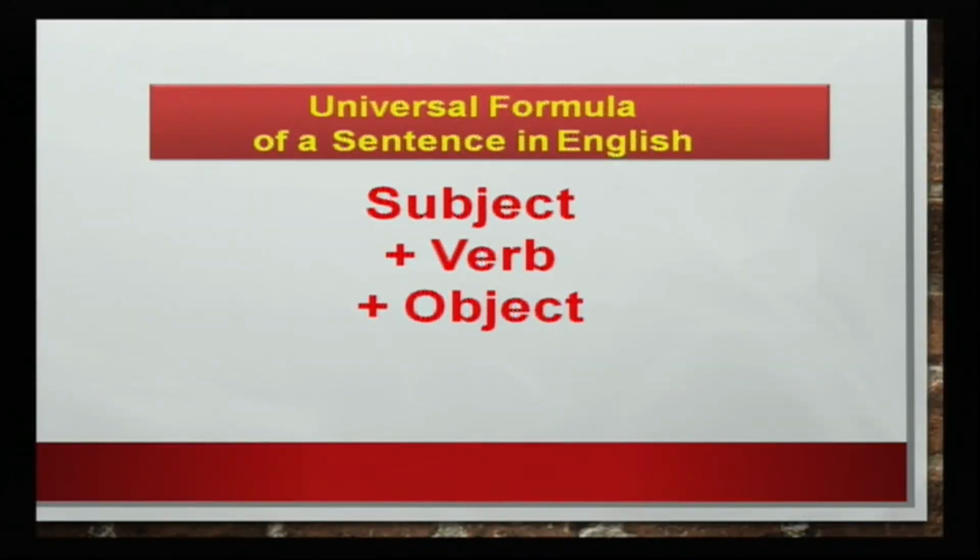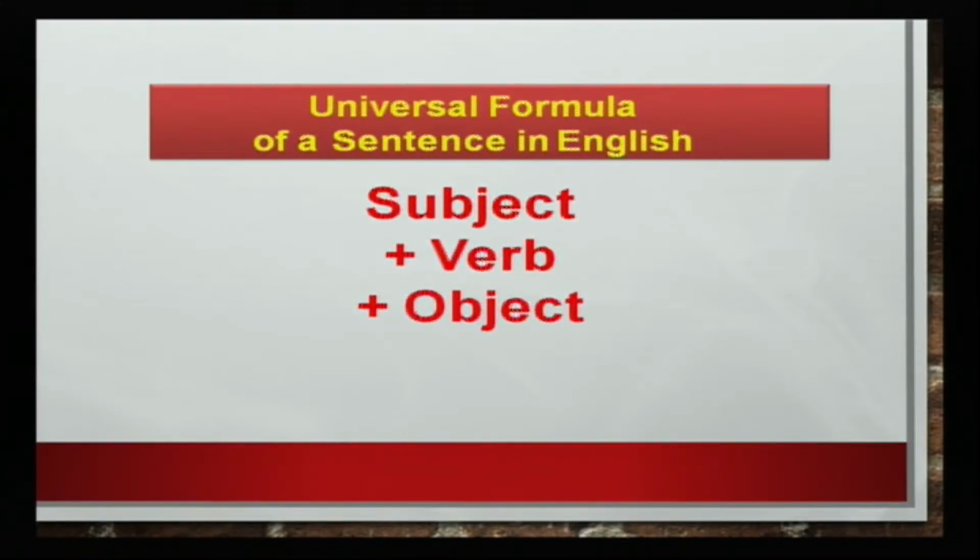Now, the universal formula of making a sentence in English is that you have a subject, you have a verb and you have an object. Now, students, you would probably ask me, ma'am, we do not know what a subject is, what a verb is or what an object is. So, students, I am going to share some very easy tricks to identify these three components of a sentence also.